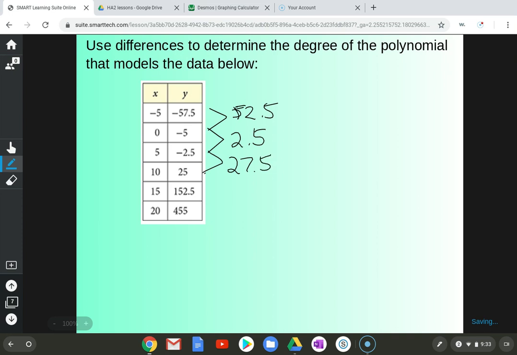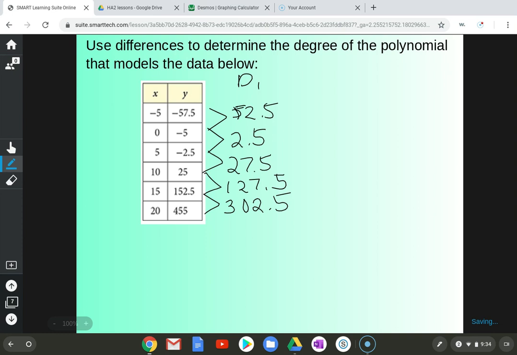I'm doing this in my head here. 152.5 minus 25 is 127.5. And then 455 minus 152.5, what is that? 302.5. All right. So obviously this function is not linear.